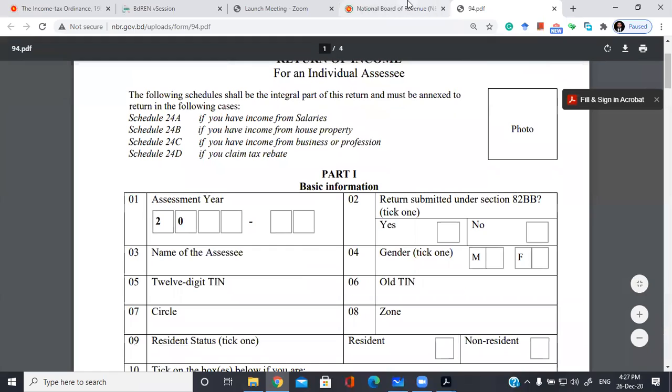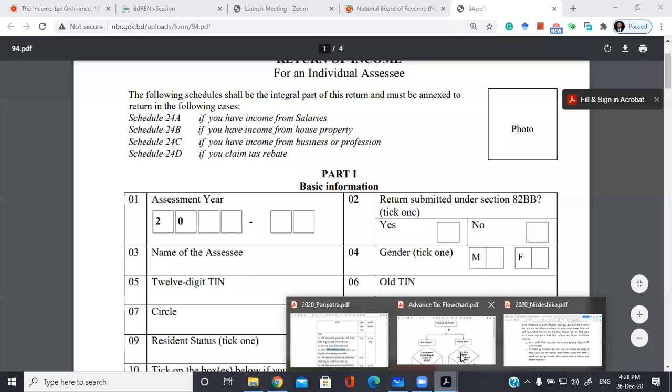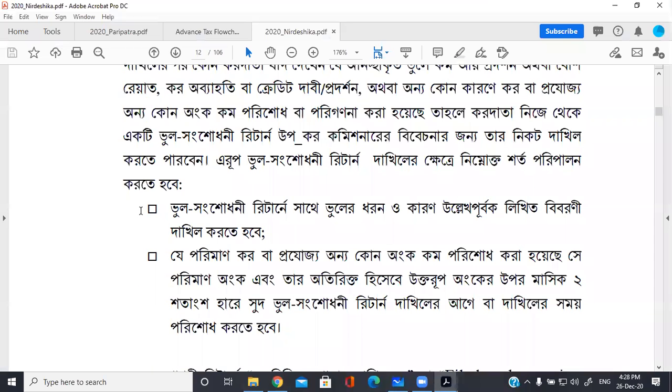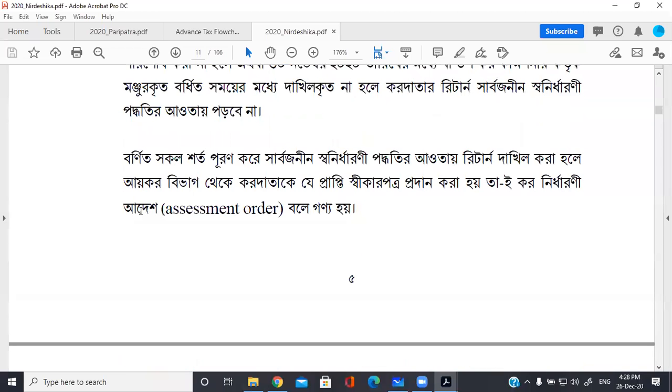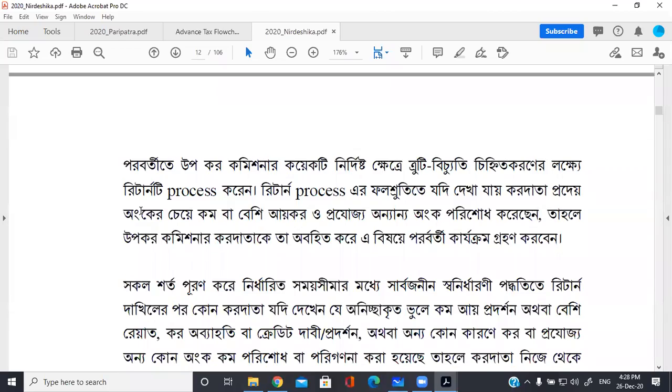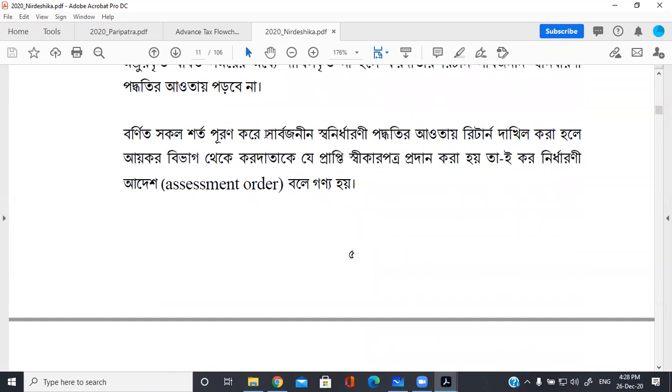So now what is the implication of this method? The implication is that you will prepare the tax return by yourself, and you will not be questioned, and the tax authority will not determine or prepare your tax return. However, if the answer is no, in that case, the tax officer will determine how much tax you need to pay. And when you prepare your income tax return using this 82BB, you will be given an acceptance letter that we have received your income tax return, that will be considered as the assessment order.